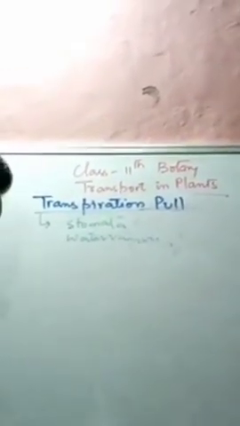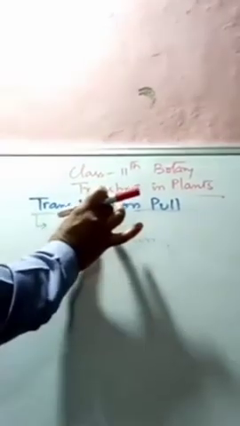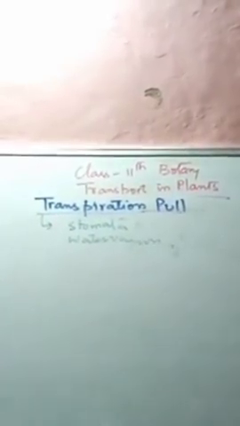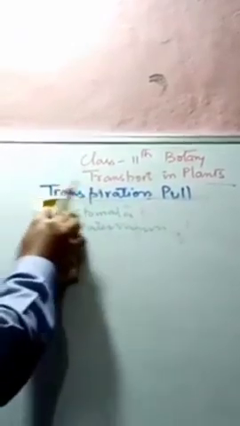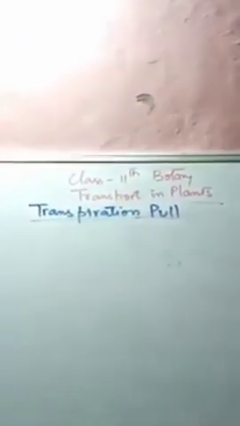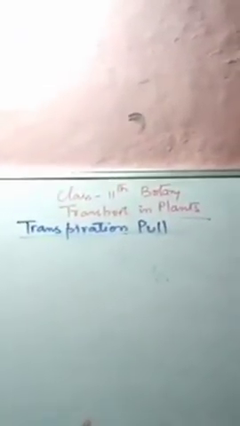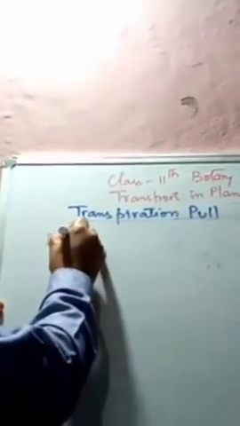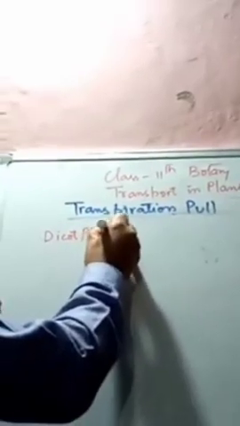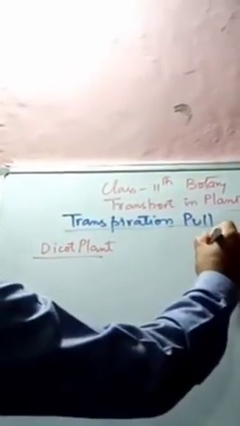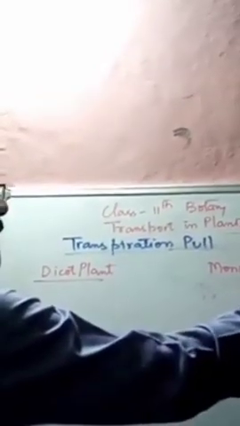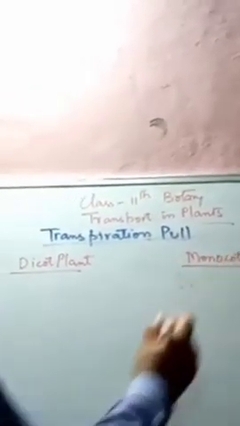Now, in order to understand this transpiration, we first have to discuss the structure of the stomata. We have two types of plants, dicot plants and monocot plants. Let us take a dicot plant and see how the structure looks.